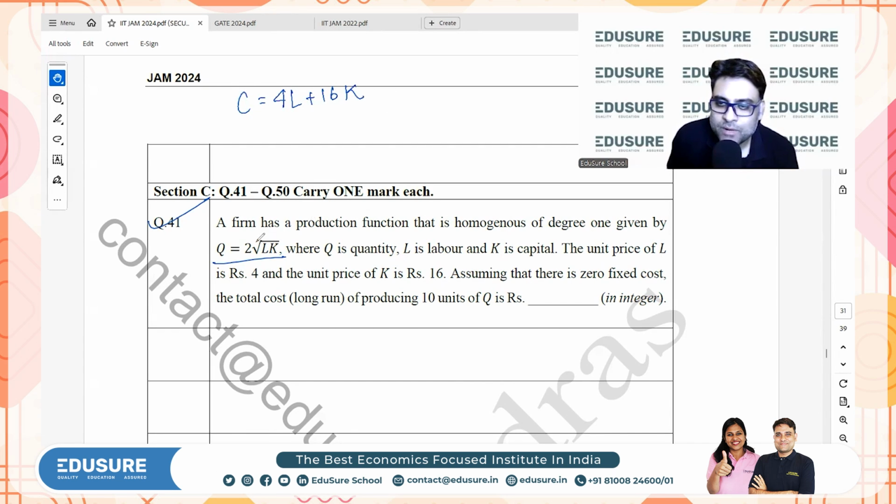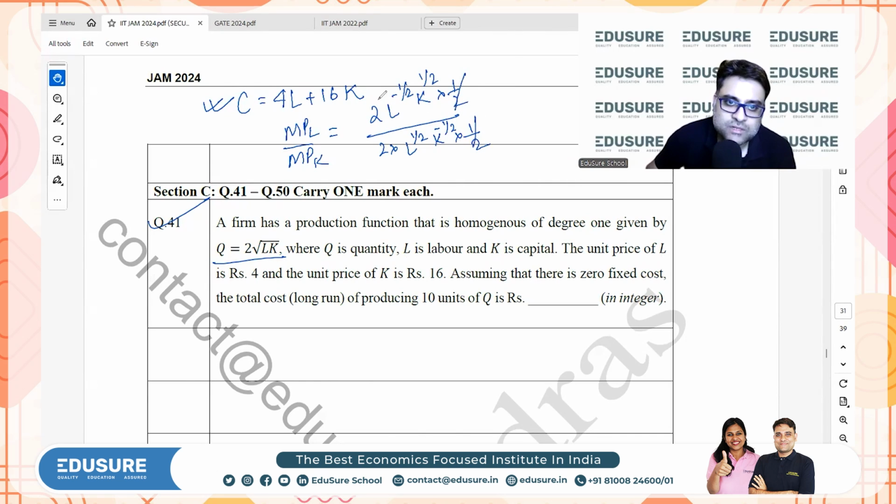Now, this is a Cobb-Douglas, so at the optimal, I will have to equate the two slopes of the isocost and the isoquant. So here the isoquant slope is basically MPL by MPK. That will give me 2 into L to the power minus half, K to the power half into half, over 2 into L to the power half, K to the power minus half into half.